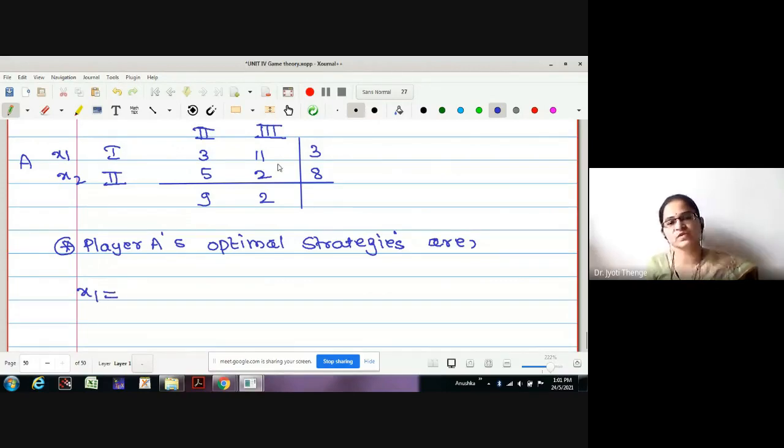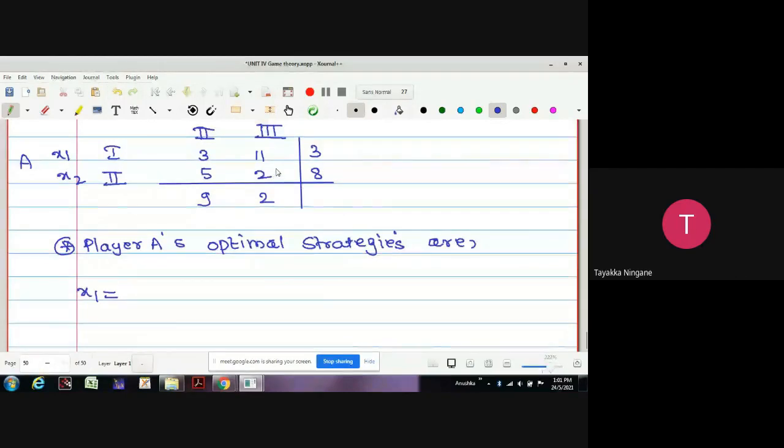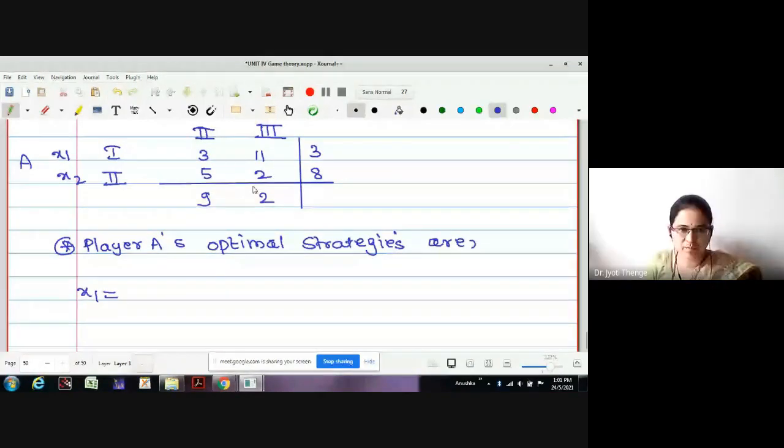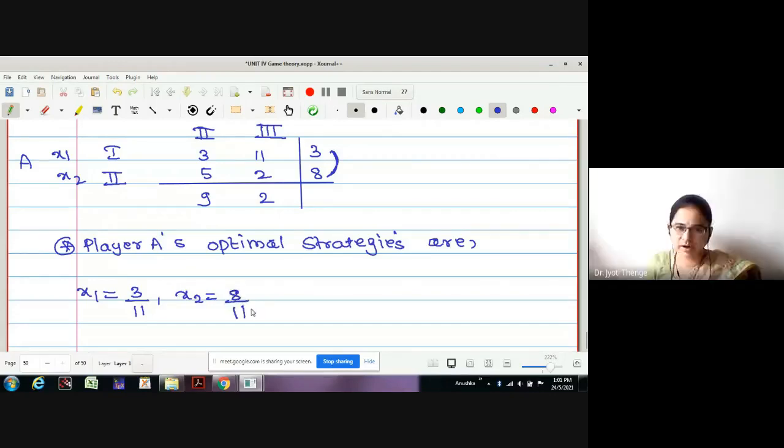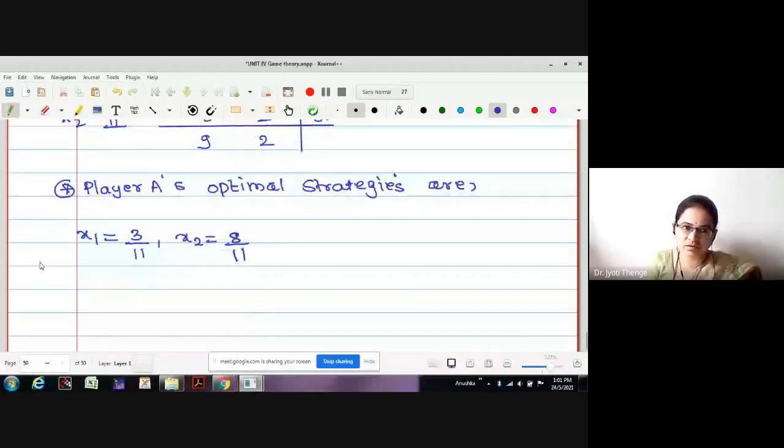What will be the value of X1? 3/11. Yes, it is 3/11, that is 3 upon 3 plus 8, right? What for X2? 8/11. 8/11, good. What for player B's optimal strategies?